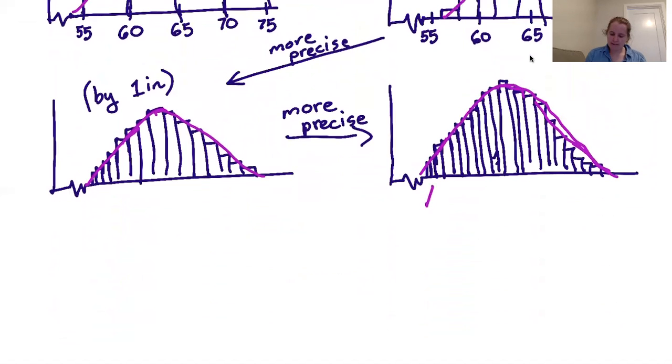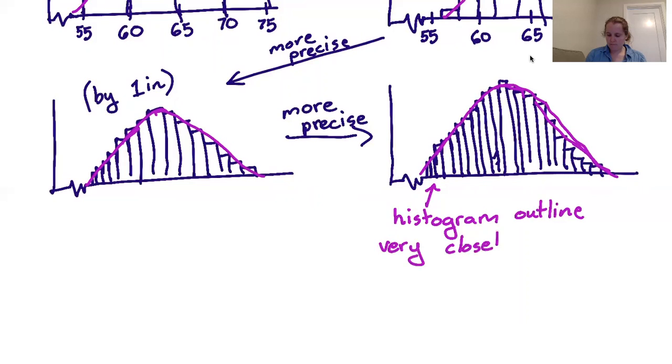So in this case, the histogram outline very closely fits the curve drawn. And if we continue to let our histogram bars get narrower and narrower, eventually the histogram and the curve will have essentially exactly the same shape.